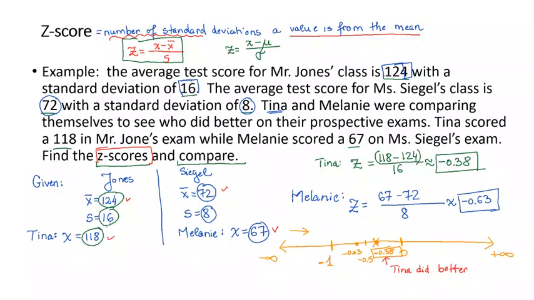Because her score is less than the average, when you apply the formula, the z-score will be negative. So the z-scores are on the left of 0. Now the z-score will be positive if the individual data value is greater than the average. We will spend more time on the z-score, but for now, let's move on to the next application.